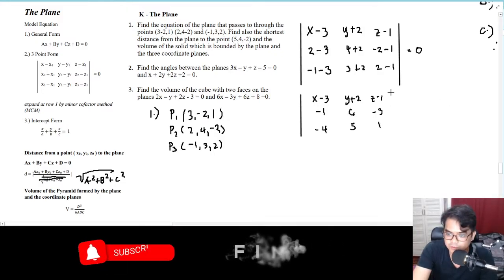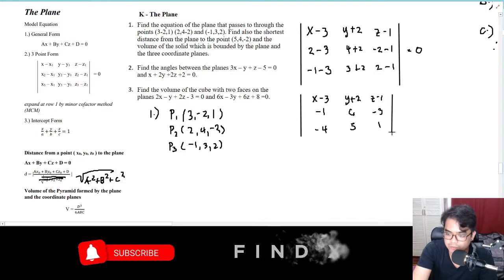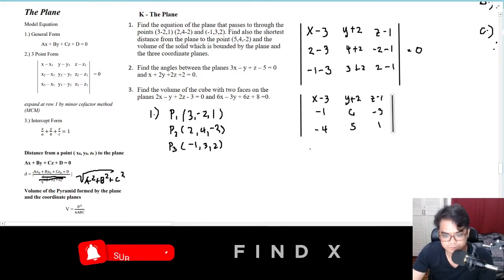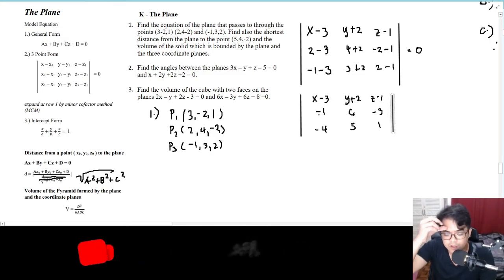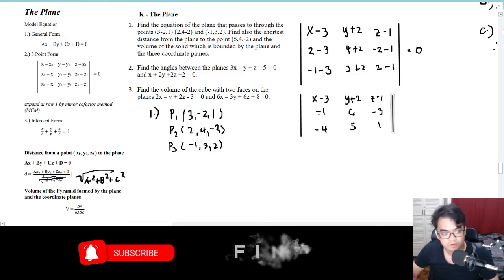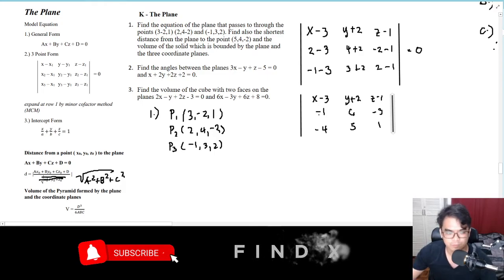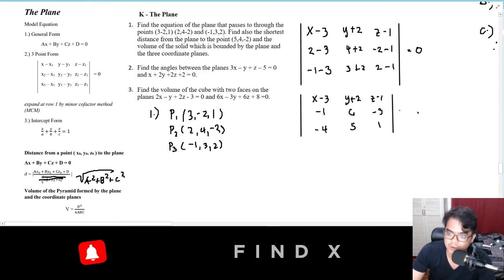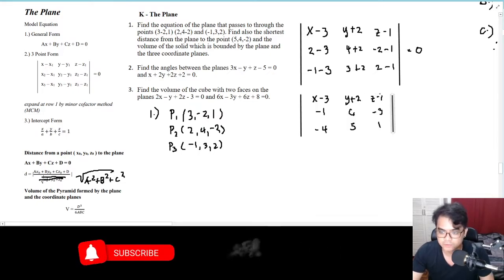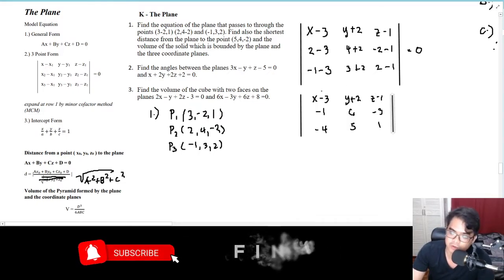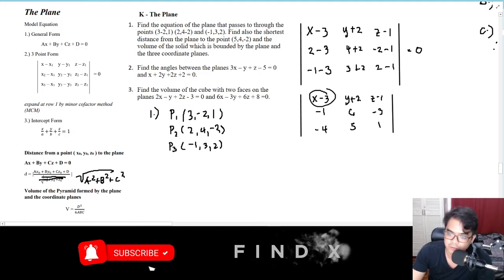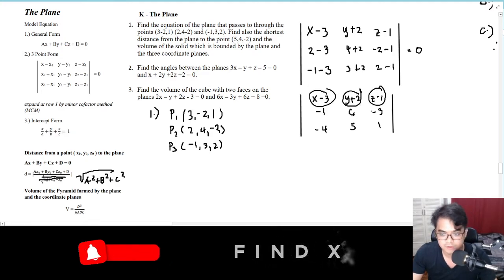Be careful with this one, because this problem is really prone to error. Then we have to use the MCM, or the minor cofactor method, and we will be expanding using it in this one. I hope you still remember the MCM.